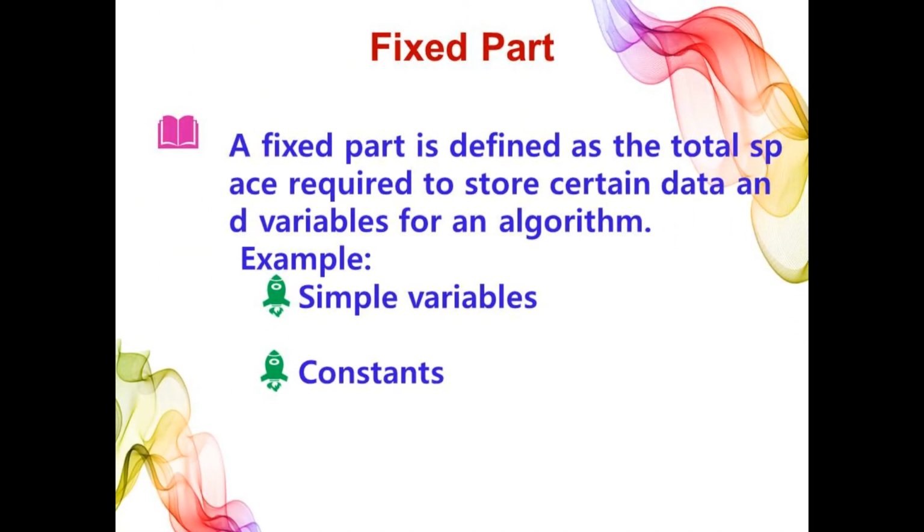Fixed part: a fixed part is defined as the total space required to store certain data and variables for an algorithm. Examples are simple variables and constants which are used in the algorithm.